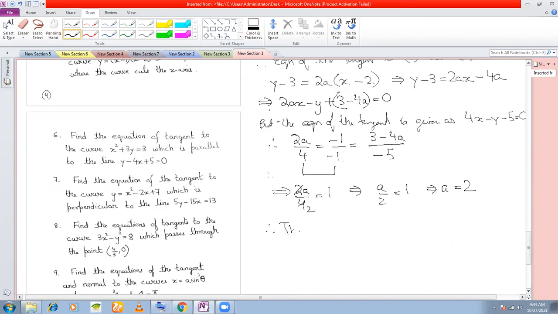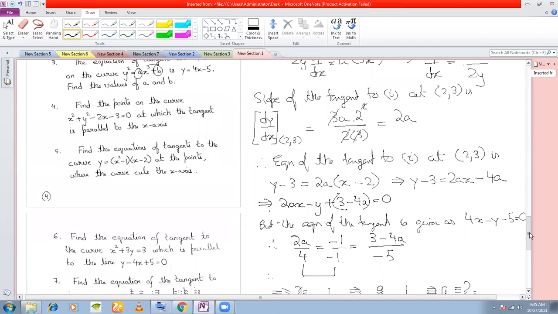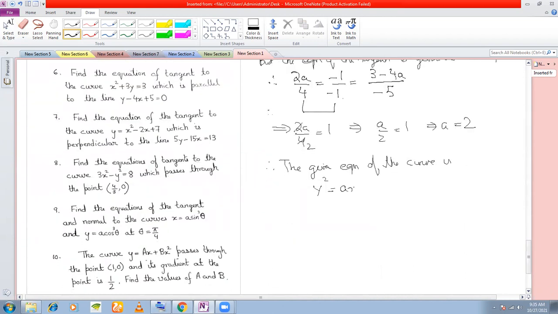Therefore, the given equation of the curve is y square is equal to ax cube plus b. Put the value of a here: 2x cube plus b. Because we know the value of a, we have put the value of a.